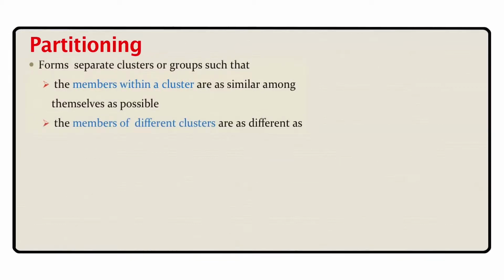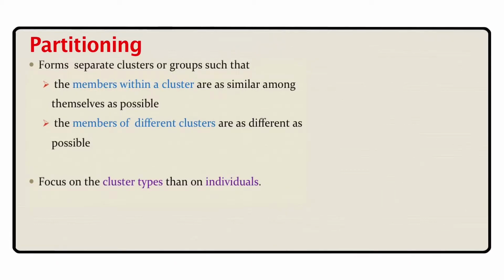In the partitioning method, we separate the observations into distinct clusters or groups. We do this keeping in mind that the members within a cluster should be as similar among themselves as possible, whereas the members of different clusters should be as different as possible.